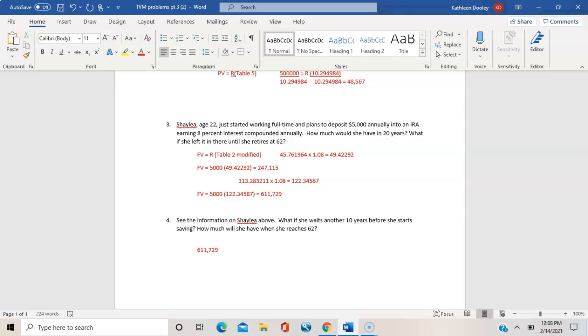Okay, we are putting in 5,000 a year. Now this one, she is starting later, but also waiting till later. So she's starting at 32 and quitting at 62. In this one above, she's starting at 22, but quitting at 52.